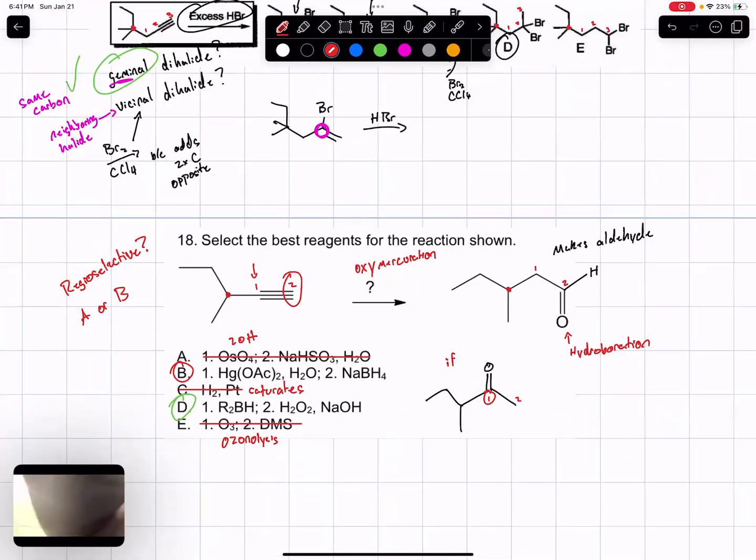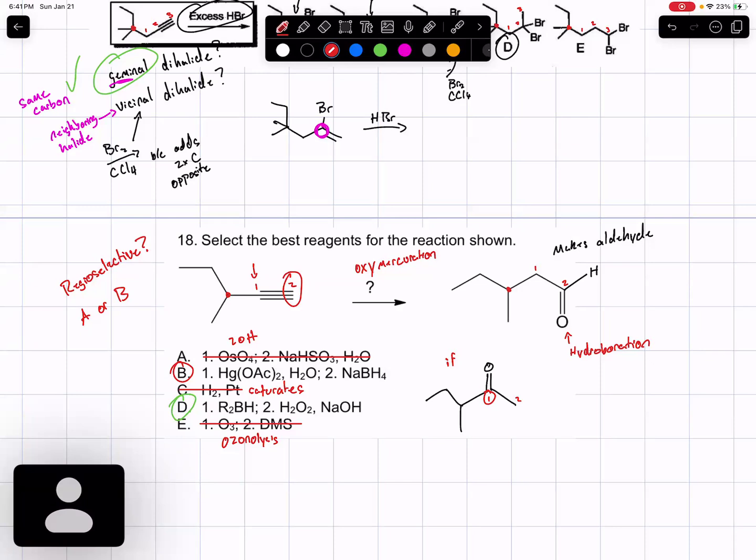Is it A or is it B? There's another question very similar to this, which let me see if I can find, because it illustrates the point that sometimes there's no regioselective preference. This is the end of chapter 9, where there's a very similar question.